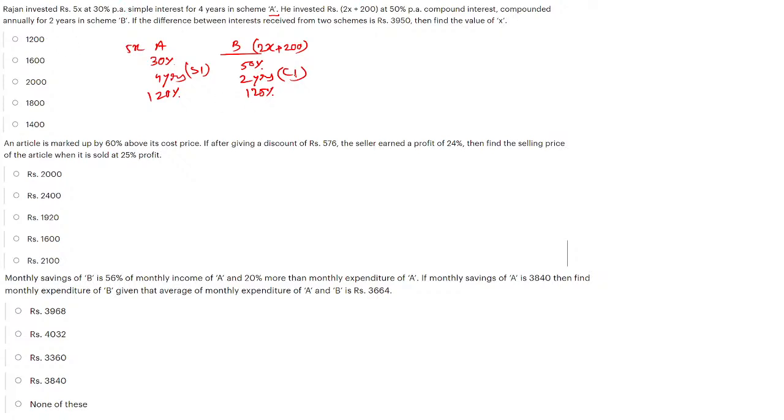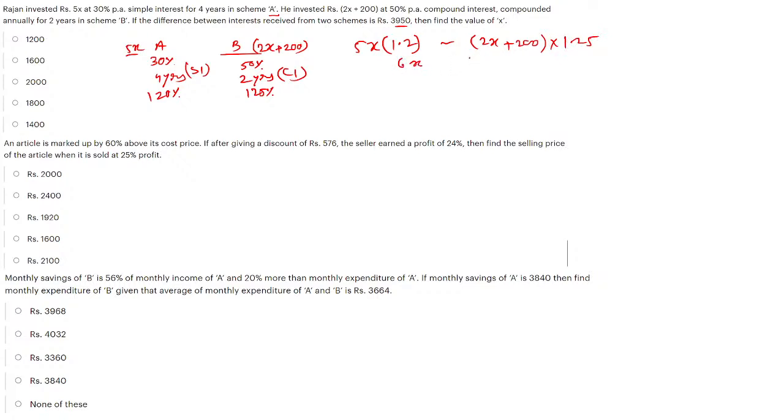Okay. Now the difference between the interest received from the two is 3950. Now see, if the principal is same in both the cases, then we can surely take 5% only, but here the principal is not same, so we have to work on the principal part individually. That is 1.2 here, and the difference we have to take, that is 2x plus 200 multiplied by 1.25. That is what?